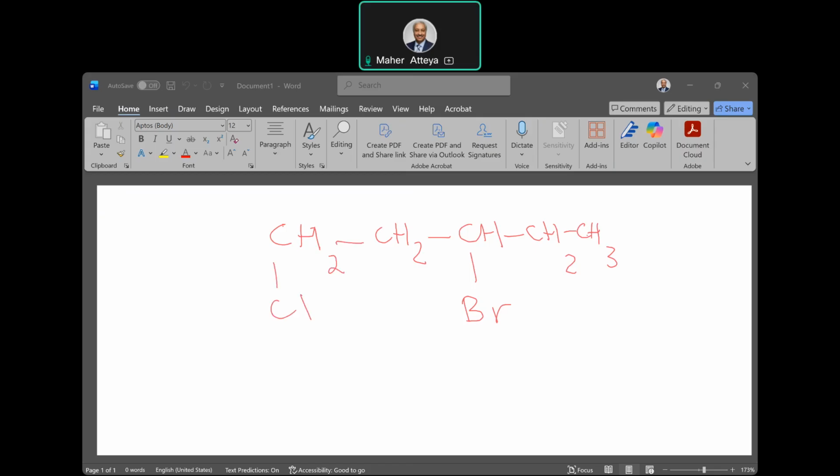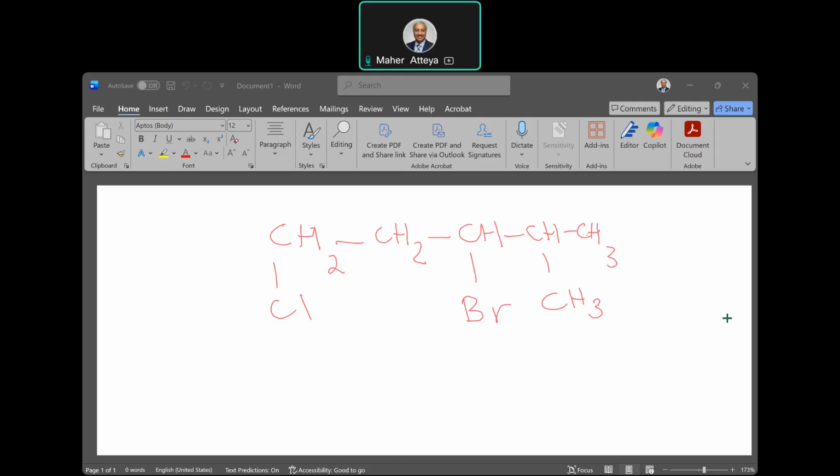And in this group here, we'll add CH3. That will set the same examples for the alkenes with the double bond and alkynes. The alkanes have all single bonds, the alkenes have double bonds, and the alkynes have triple bonds, and they follow the same thing except for the ending.